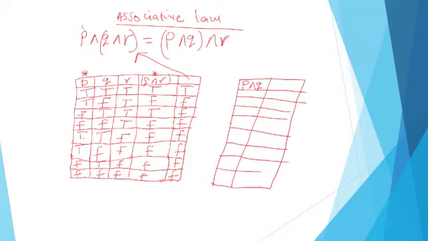Now let's create it. P and Q. This is P, this is Q. True, true is true. True, false is false. False, true is false. Remember, we only put true when you have true and true. False, false is false. That's number 4. True, true is true. True, false is false. False, true is false. And false, false is false.